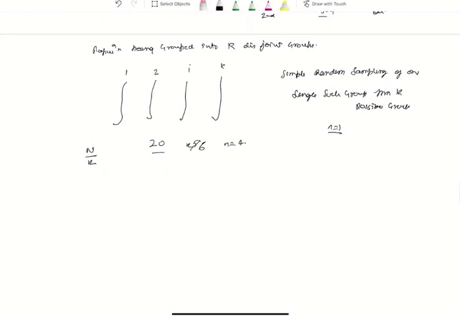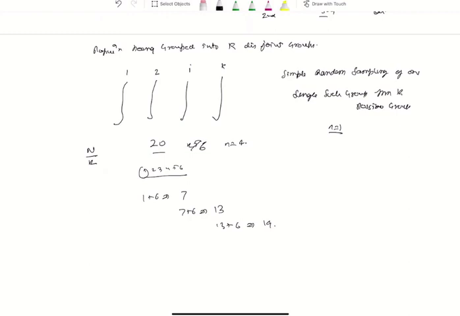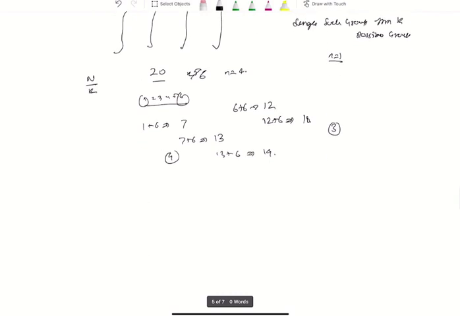Say you selected number 1, then it will be 1 plus 6, that's 7, 7 plus 6 is 13, 13 plus 6 is 19. So you are getting 4. But if we had selected 6, then 6 plus 6 is 12, and 12 plus 6 is 18, and so you only have 3. So you are getting different sample sizes, which is not ideal.